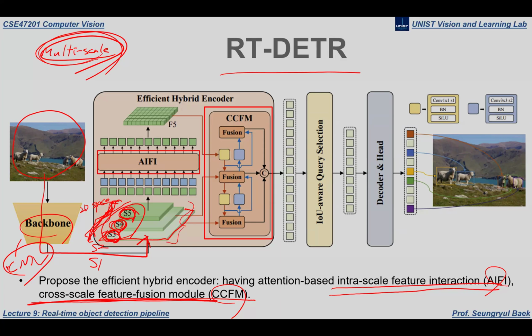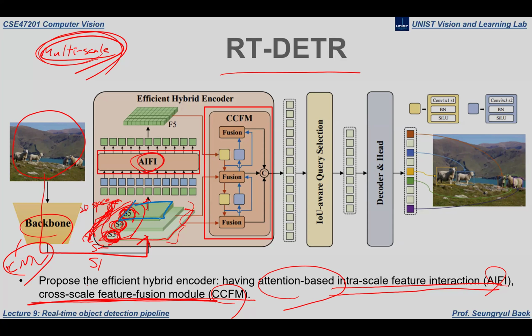And also S3 is already a reduced version of the original image, so this is also helpful for reducing the time complexity. And they apply AIFI, which is an attention-based architecture similar to the transformer encoder architecture, but they only use S5, which is the smallest feature.